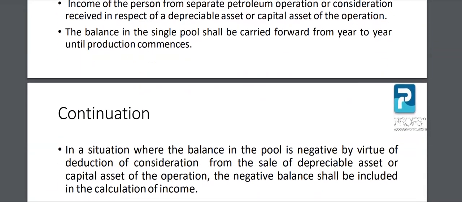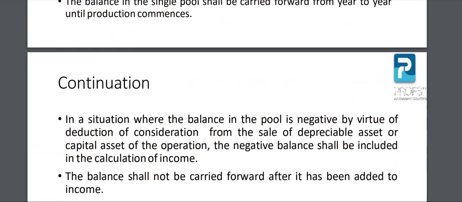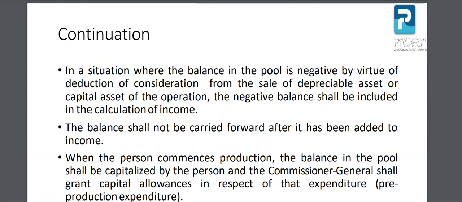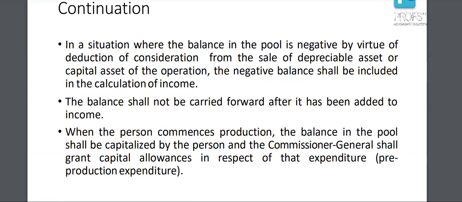But when we move forward, the same Act says that in a situation where the balance in the pool is negative by virtue of deduction of consideration from the sale of depreciable assets, which means that during the pre-production phase, there could be a disposal. And when there's a disposal, where does it go to? Because now there's no production for us to even get an income.